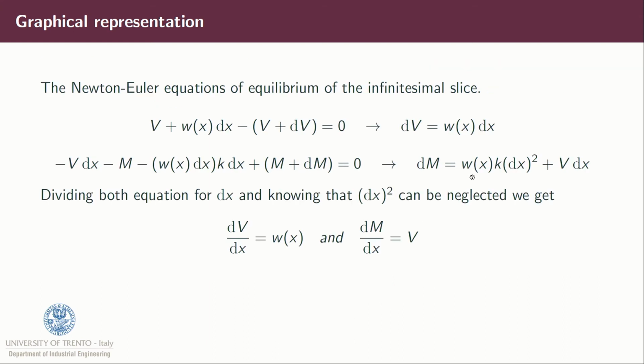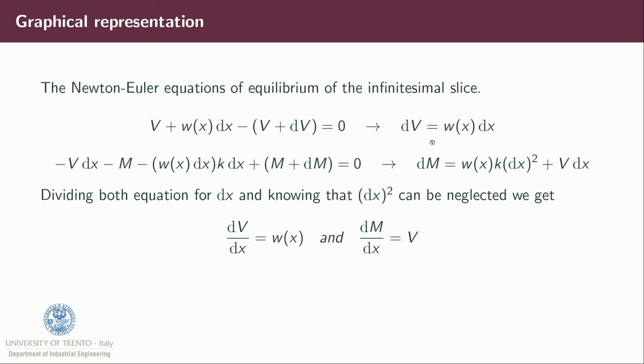So if we write down the Newton-Euler equations of equilibrium, we find out that V plus w(x) dx minus (V plus dV) must be equal to 0. So we yield that dV must be equal to w(x) dx. From the Euler equation, we have that V(x) dx minus M minus w(x) dx times k dx plus M plus dM must be equal to 0.